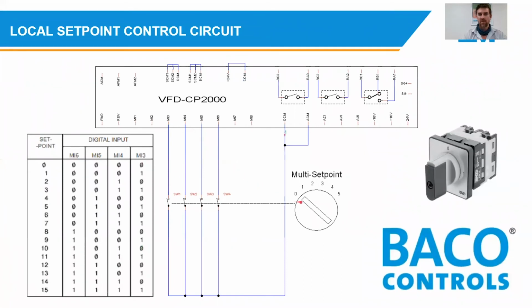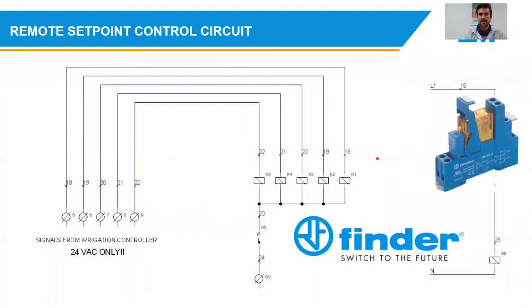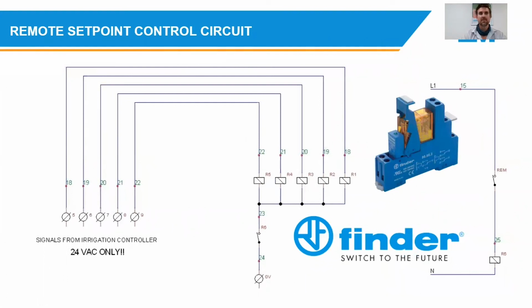The multi-set point selector switch is a Baco BCD switch, also something we sell. And for the remote set point control, they trigger Finder relays, which are also very high quality.